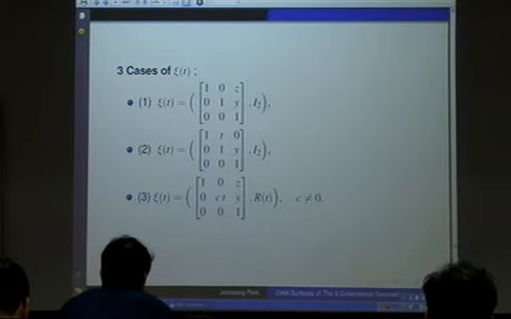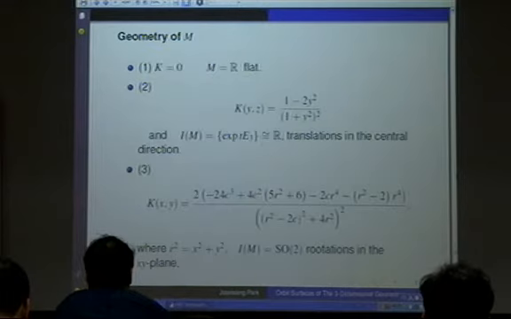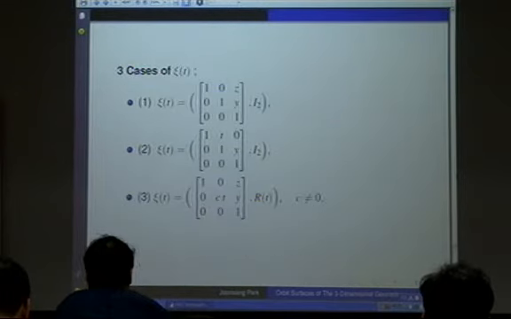Okay, there are three cases for possible psi_t. If you see this, oops, I'm sorry, this is a misprint. This one should be changed.